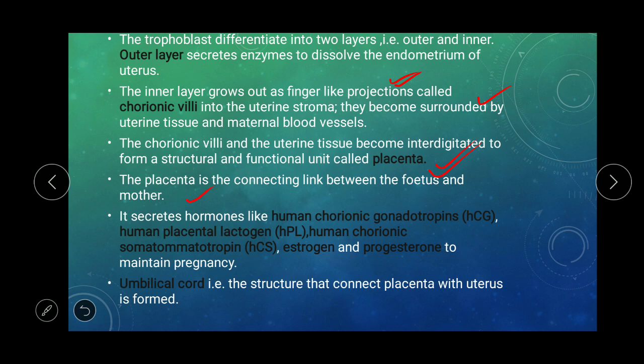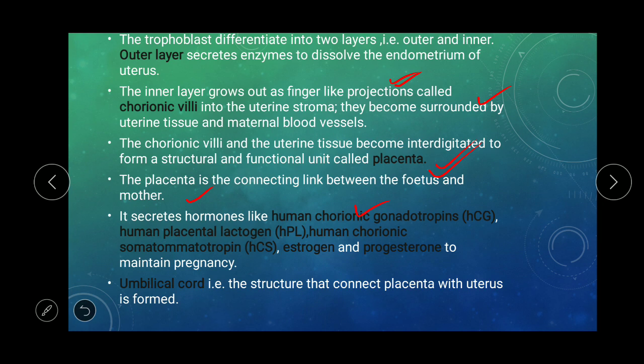and it secretes a number of hormones, that is the human chorionic gonadotropin. As we have already known, gonadotropin means they will stimulate the gonads to secrete hormones. Here the gonadotropin, that is the HCG, human chorionic gonadotropin, will stimulate the ovaries. And human placental lactogen, as the name suggests, lactogenic means milk producing, so the human placental lactogen will stimulate the mammary gland to secrete more and more milk.